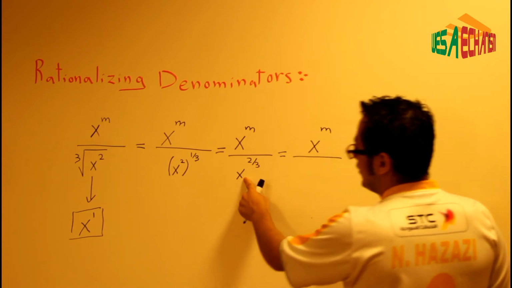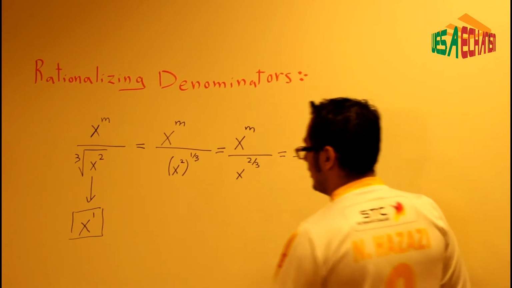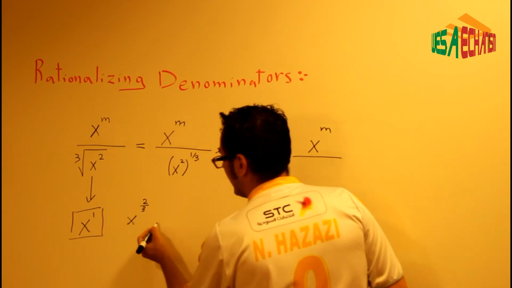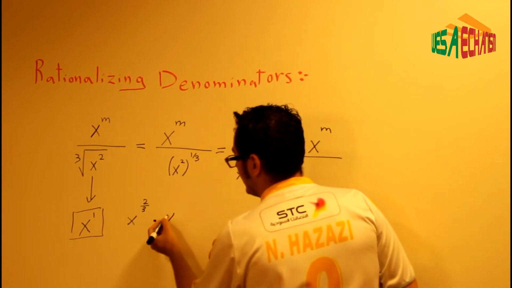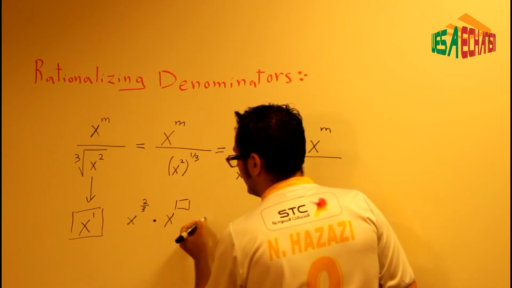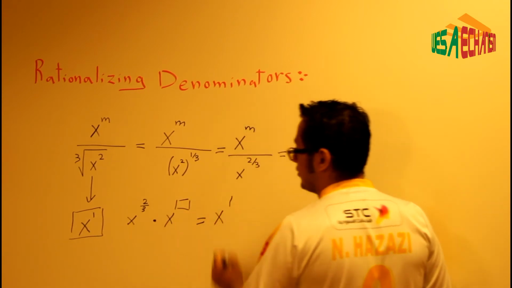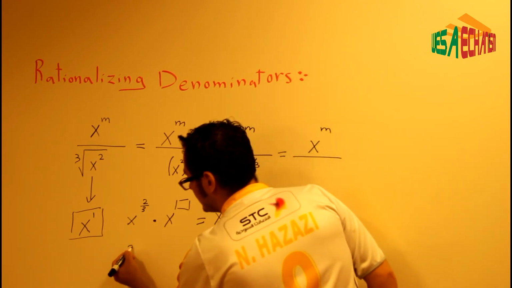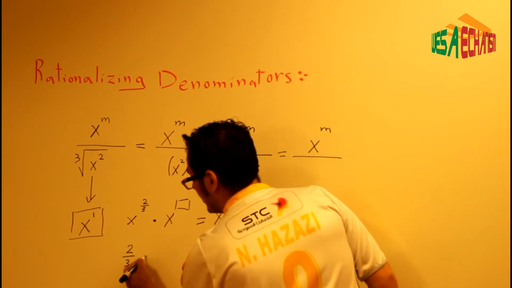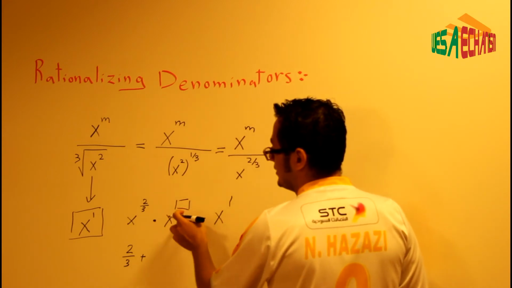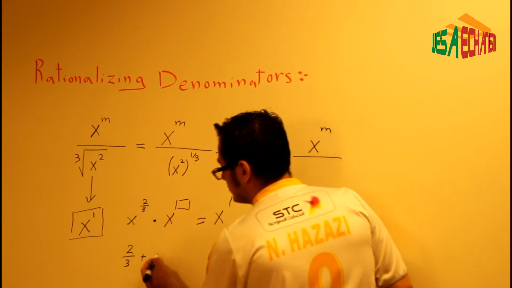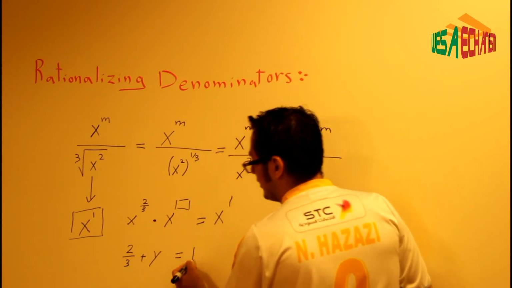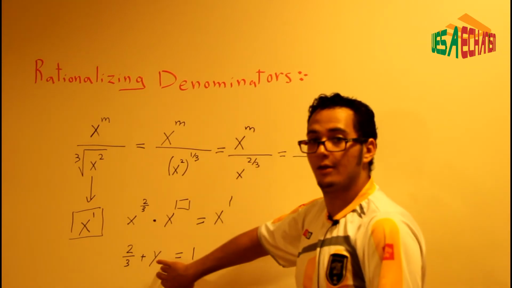And in here, I want you to think. We have x to the power 2 over 3 multiplied by x to the power of something equal to x to the power of 1. Let's make it easier. We say x to the power 2 over 3 plus, let's say that this number is y, equal to 1. I want you to solve for y.